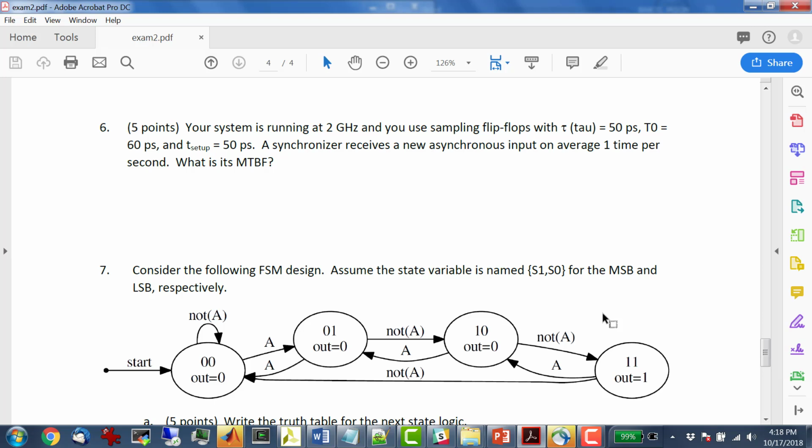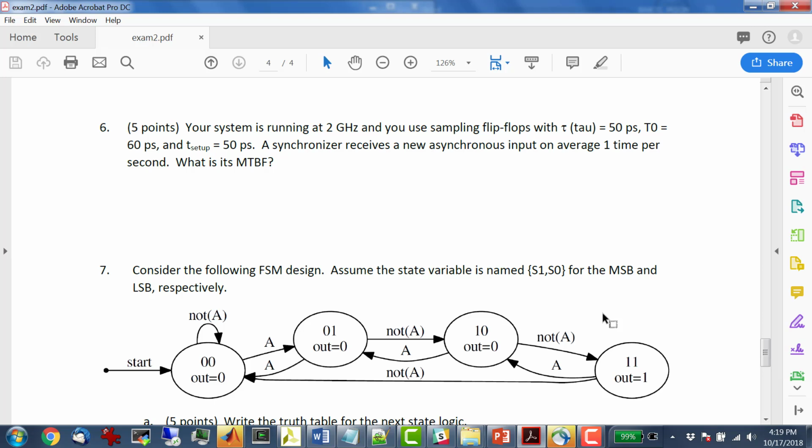So what is Tc? 2 gigahertz, 500 picoseconds, so 500 e negative 12. N is 1. T0 is 60 picoseconds, which is 60 e negative 12. E is the exponential; I'm using scientific notation here.